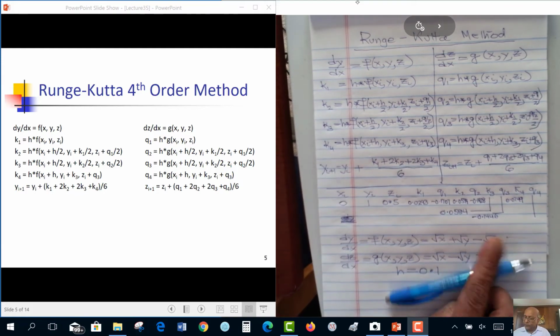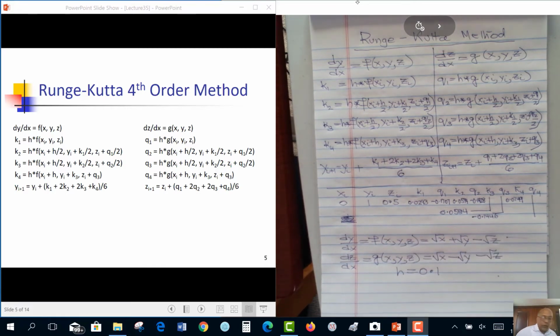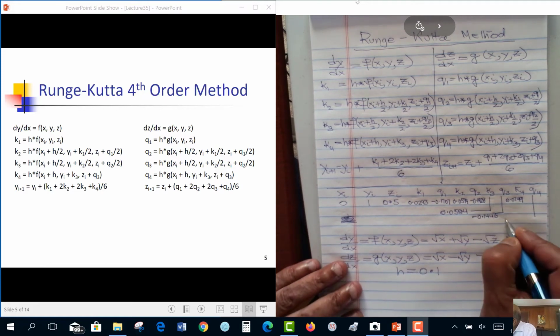Okay, let's do Q4. So for that, we are going to use K3, which is 0.0584, minus square root of 0.5 plus Q3, which is minus 0.1446. And we'll get negative 0.1309.